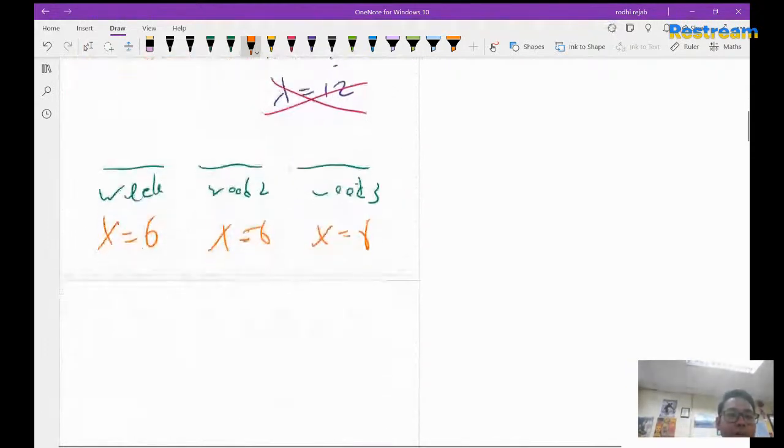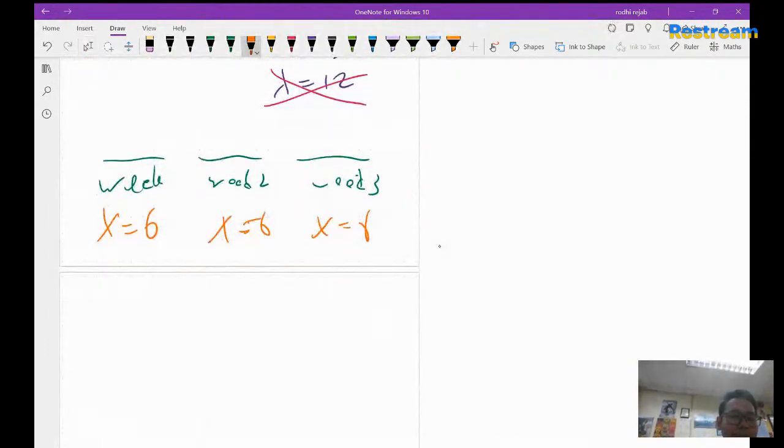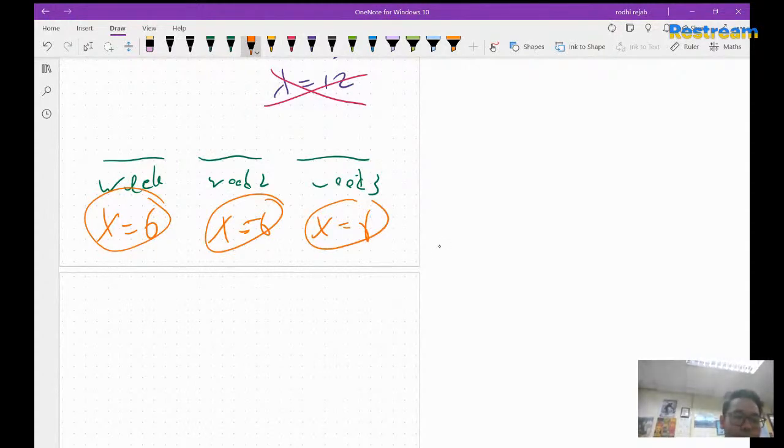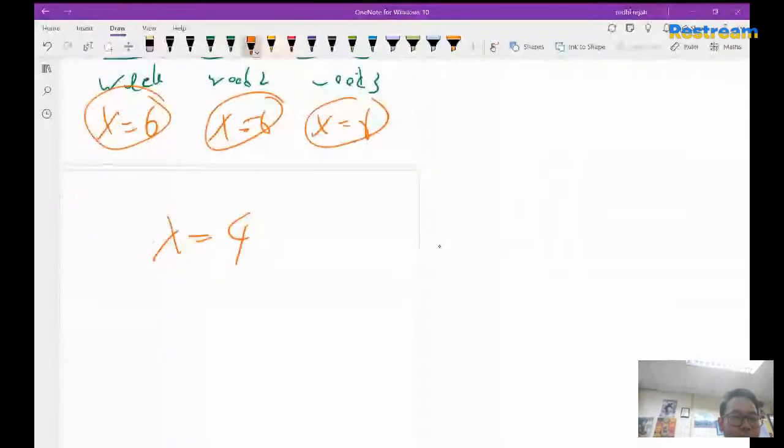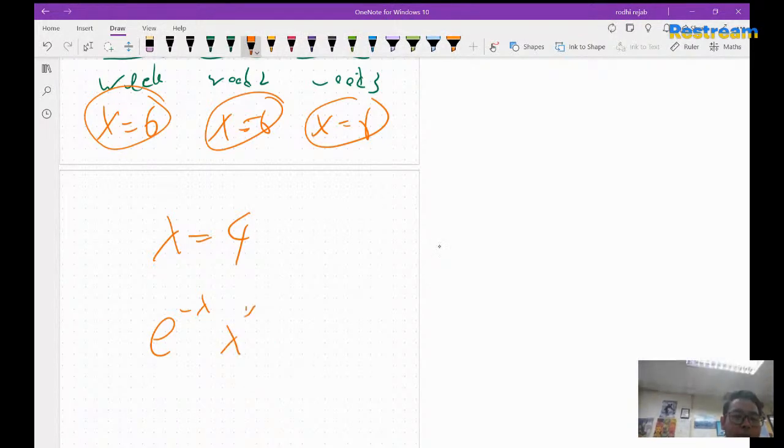So how are you going to solve it? As I mentioned, X equals 6 there, so the lambda is still 4. So e to the negative lambda, lambda to the power x over x factorial.